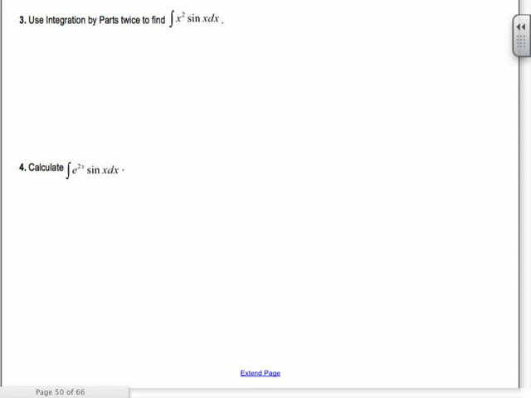Okay, so we're going to let u be x squared. dv is going to be sine of x dx. du is going to be 2x dx. v is going to be negative cosine, right?